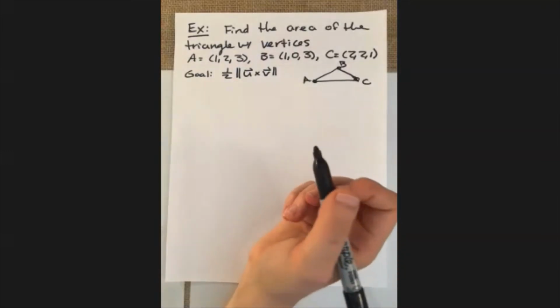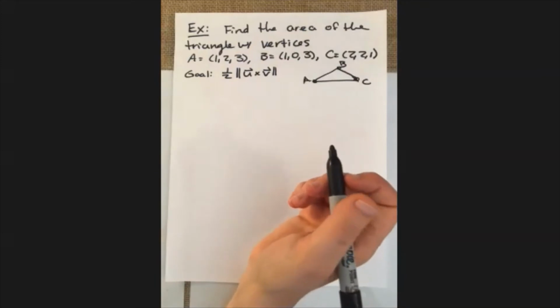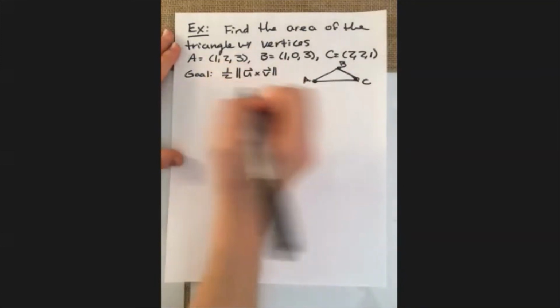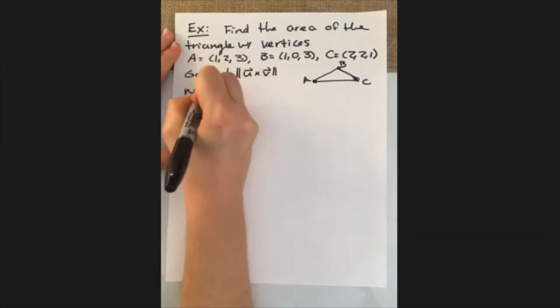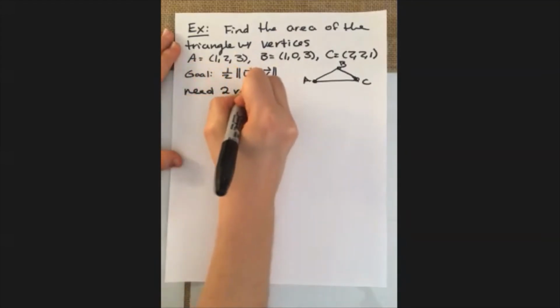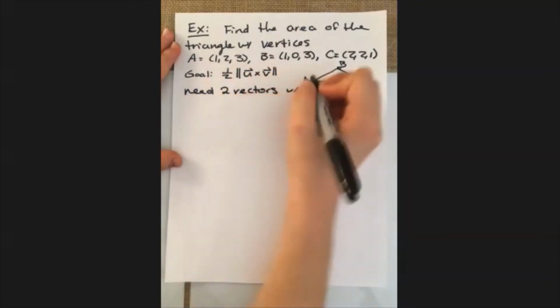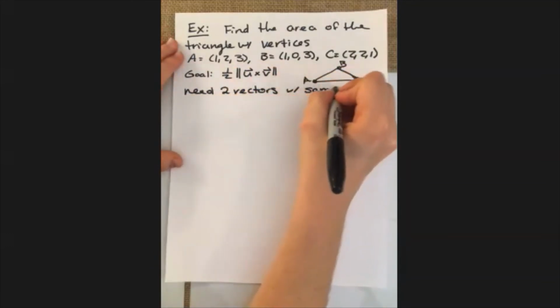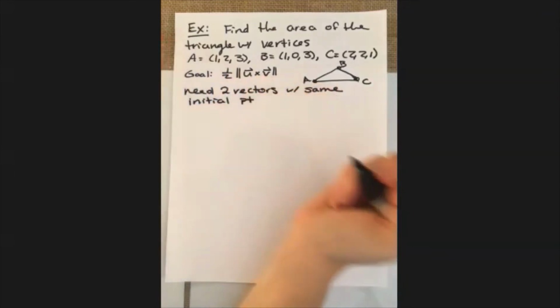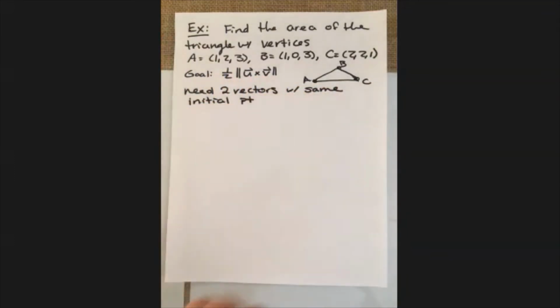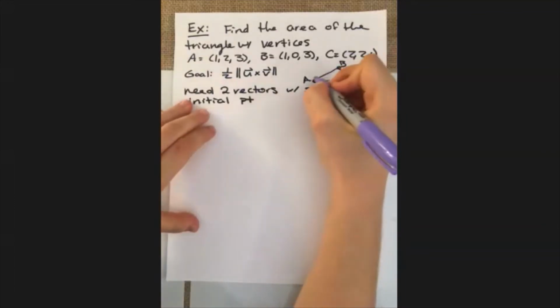However, we are able to actually create the vectors that we need in order to solve this problem. In particular, we need to create two vectors that share an initial point. And we can pick any two that we want.